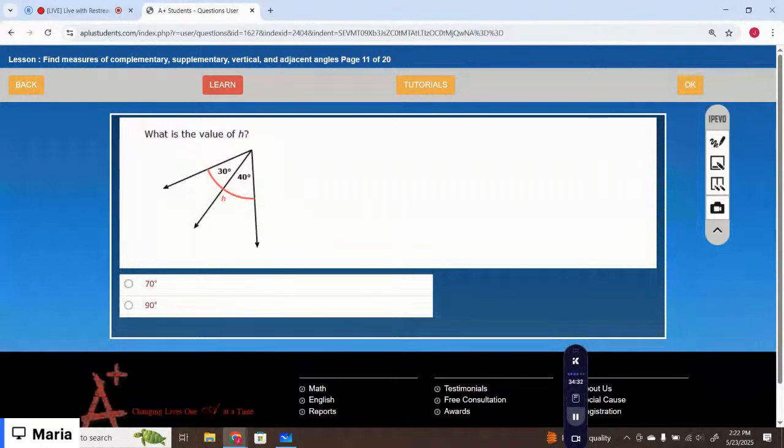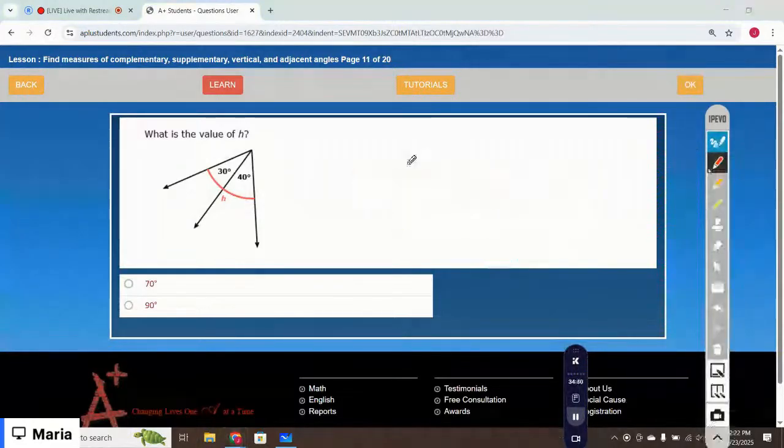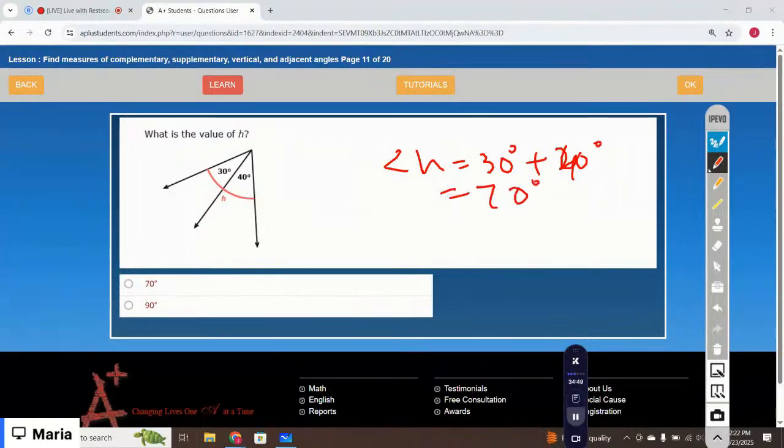What is the value of H? So angle H equals 30 degrees plus 40 degrees. So 30 plus 40 is 70.